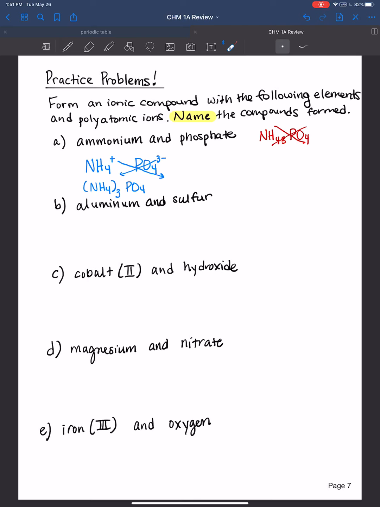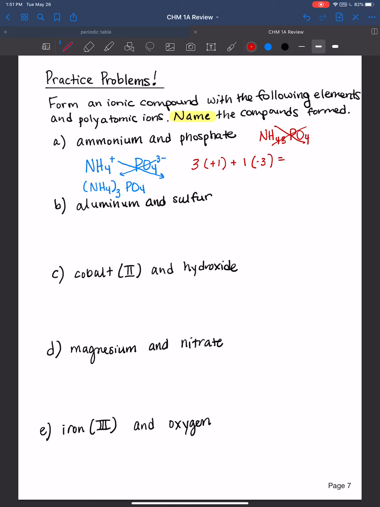Now, if you wanted to check your work mathematically, you could do an algebra expression. Remember, ionic compounds always should add up to 0. And so, for example, here we said that there are 3 ammonium. Each ammonium cation is a +1 charge. And there is 1 phosphate, and each phosphate is -3.